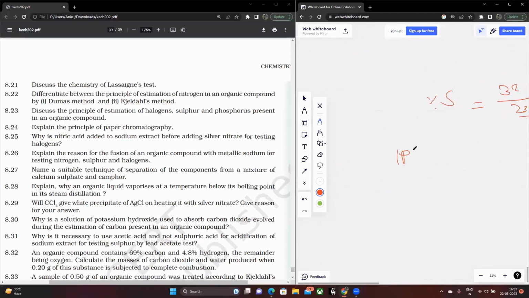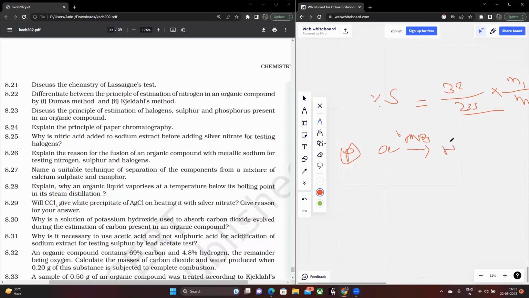Finally, coming to phosphorus, the estimation of phosphorus is not under any given name like this. There are two methods. I'll be discussing just one. What you do is a known mass of the organic compound reacts with HNO3. Again, it's fuming HNO3.